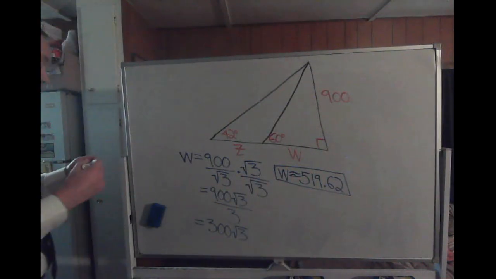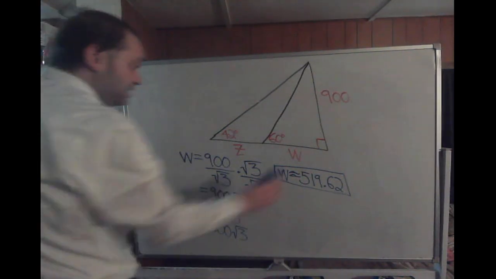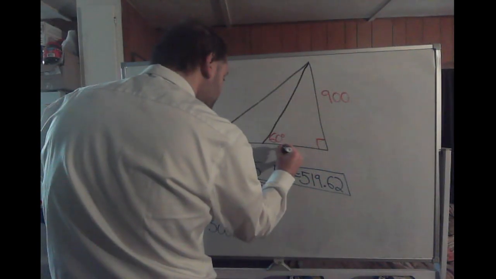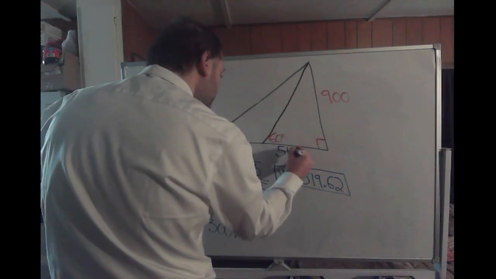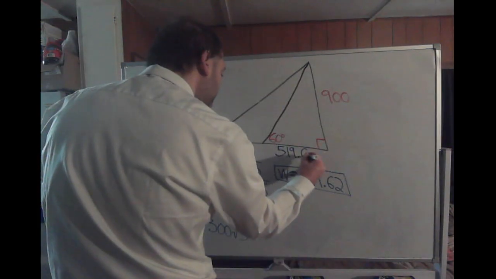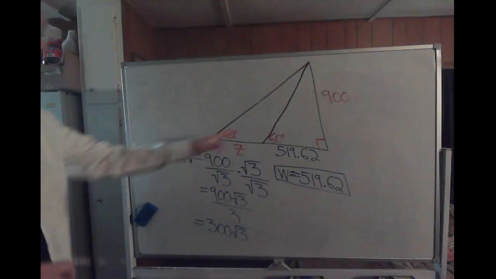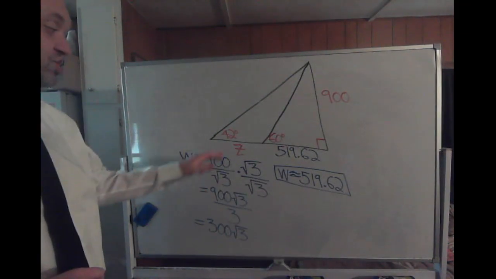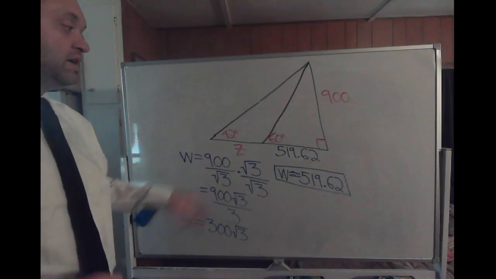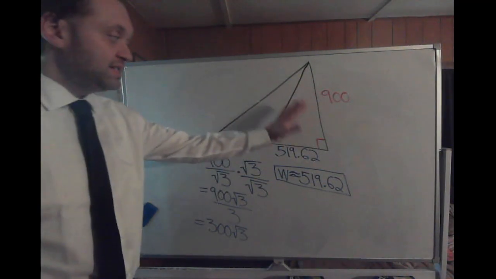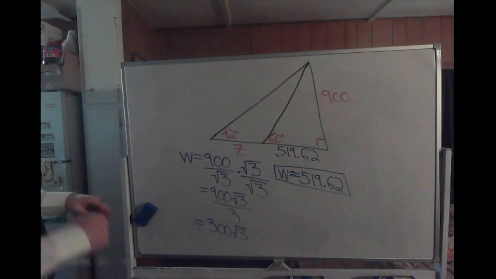Okay. So we found W. Let's go ahead and put that in right here. This is going to come in handy because next we need to consider the whole right triangle. In order to have a chance of solving for Z, we have to consider that this angle's 42 degrees, that this 60's gone away. This is one big right triangle now.